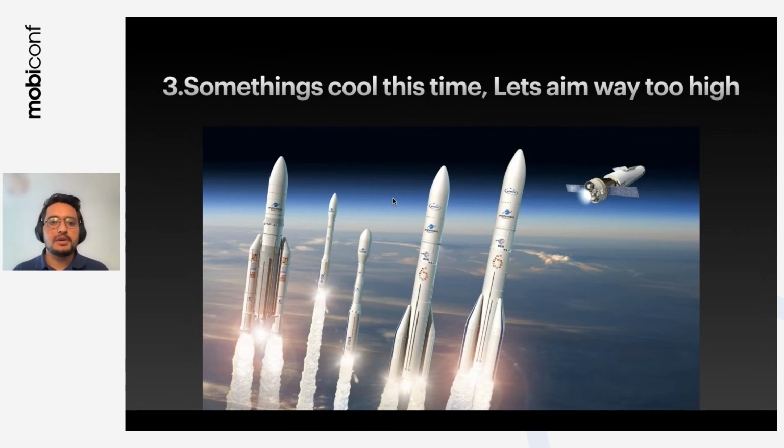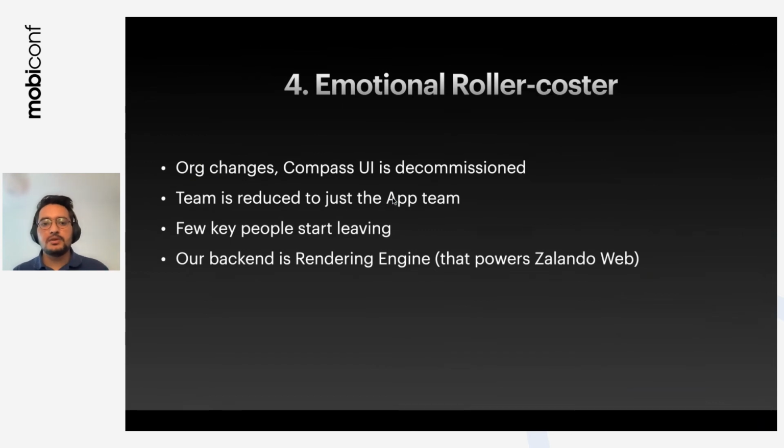And then all of a sudden, the web editor that you saw was decommissioned, right? And then the team is reduced just to the app team. There is no more web team, and there is no more backend team. And then a few key people started leaving because of different circumstances. And then we are left with, we are a backend driven mobile UI team. We had a big ambition, and now our backend is gone, right?